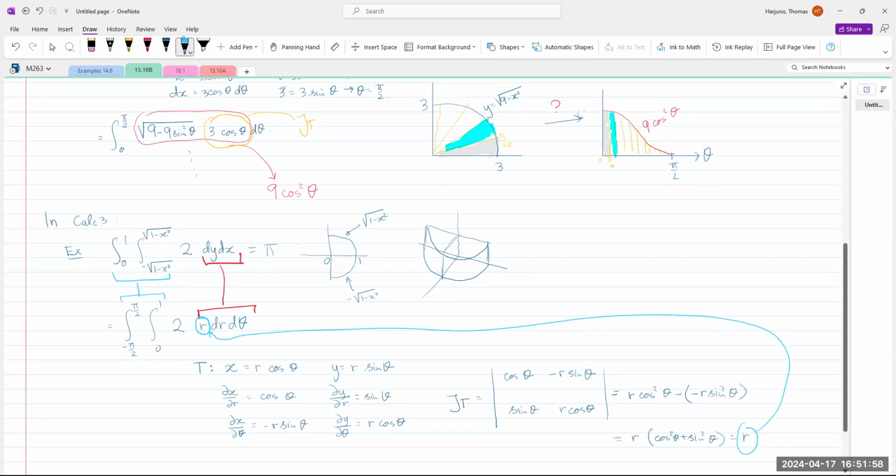Now, originally, when I explained how we do double integrals in polar coordinates, I explained that a typical rectangle in the polar coordinate system has sides dr and r d theta.